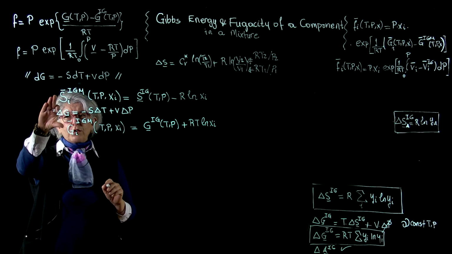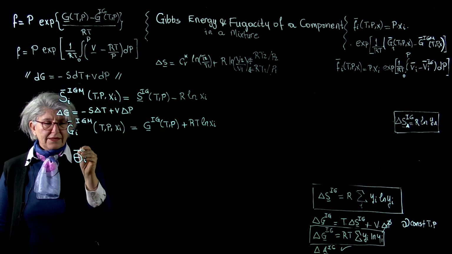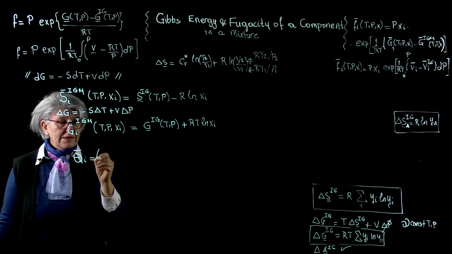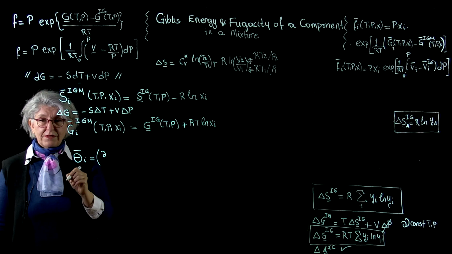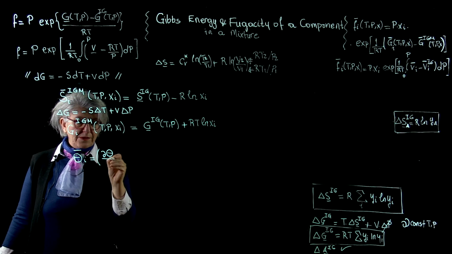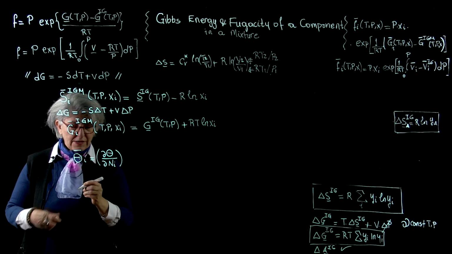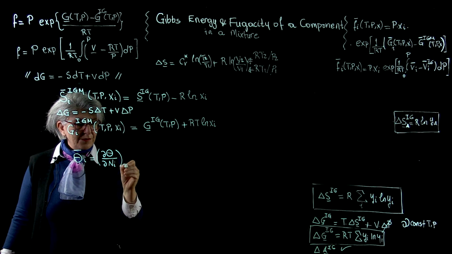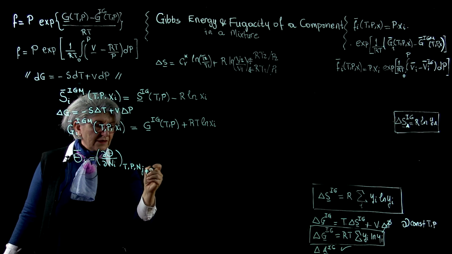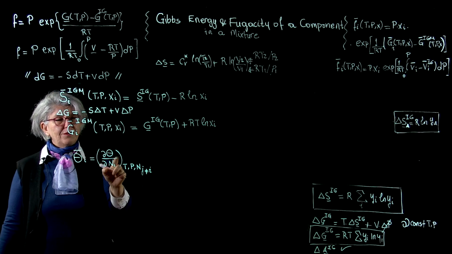The partial molar property, theta I, is something we should remember, was the partial derivative of a property with respect to the change in the number of moles of component I under constant temperature, pressure, and keeping all other components constant except this one.